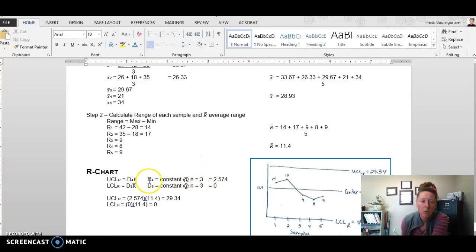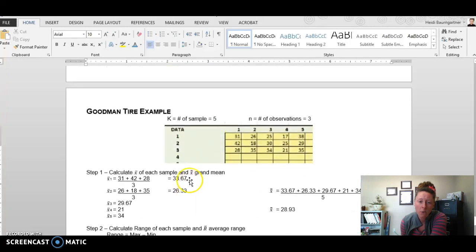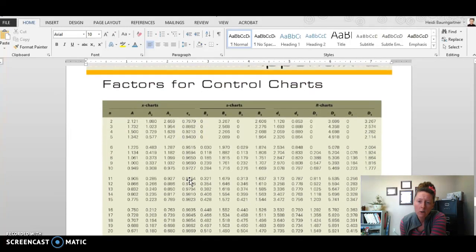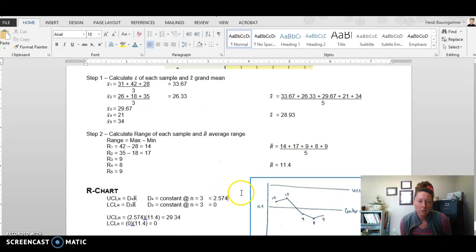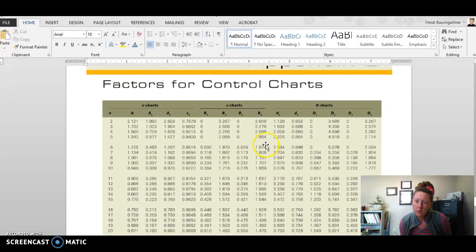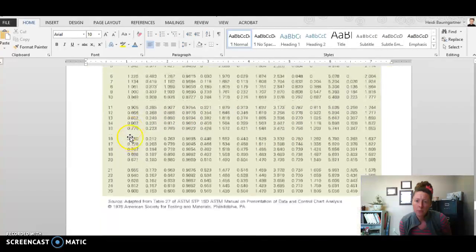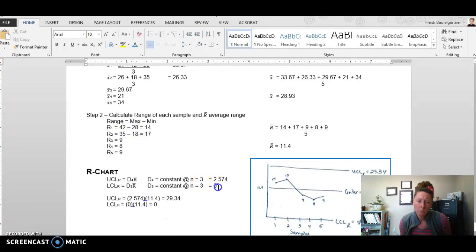So we're looking at the R chart table and D4, and where n is 3, go all the way across, and it's 2.574. Then we're going to do this for the D3 as well. The D3 value for 3 is 0. So I put that in there.